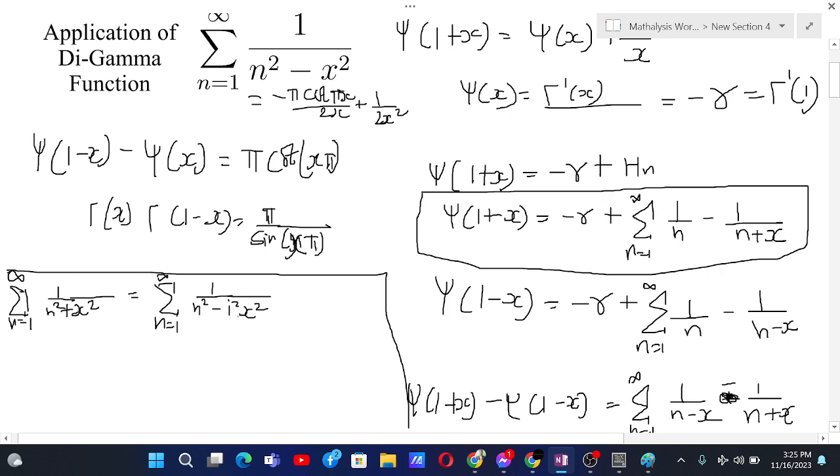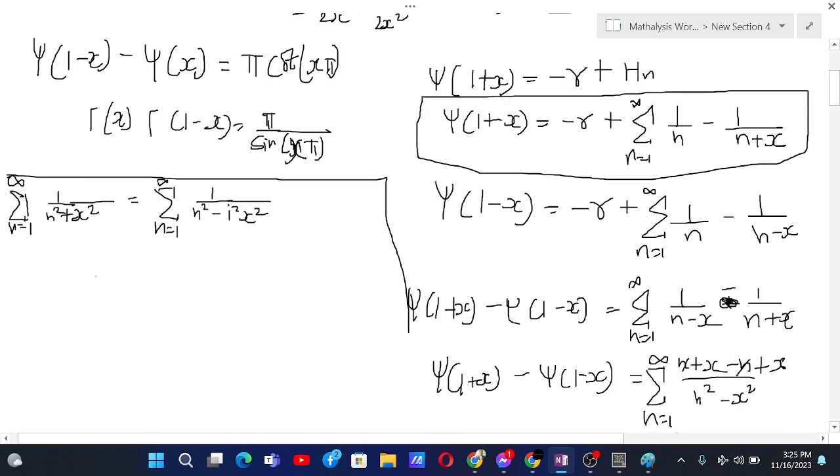We can do that since i square is minus 1, and then we can use the same formula. So we will have pi times cot pi ix by minus 2ix, so minus 2xi, plus 1 by 2 times ix square.